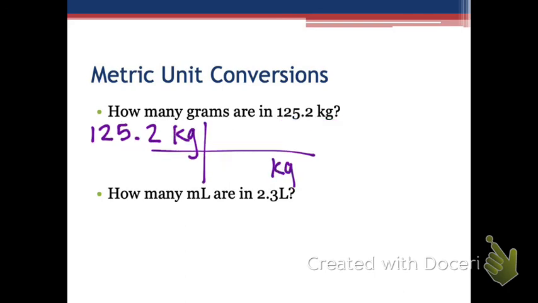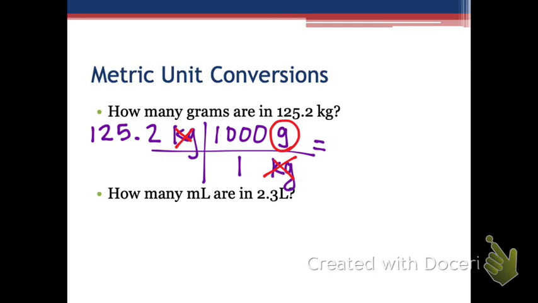We're going to put kilograms here to cancel grams. We said that 1 kilogram is equal to 1,000 grams. Can I stop right there? No, because you have to cancel it. Right? This cancels. I'm left in grams. Is that what I wanted? Yes.